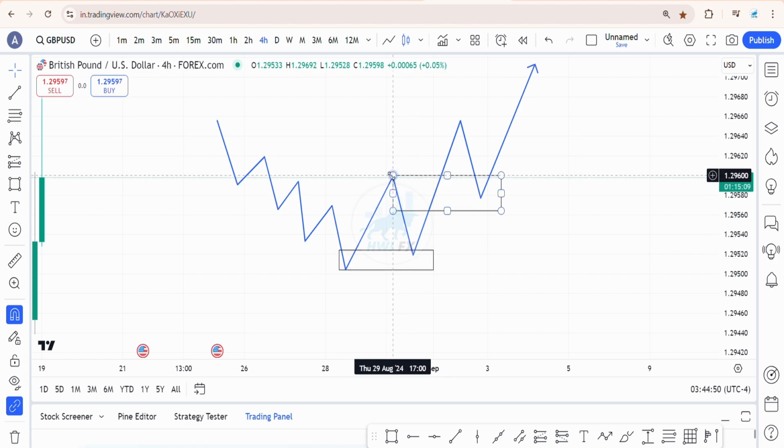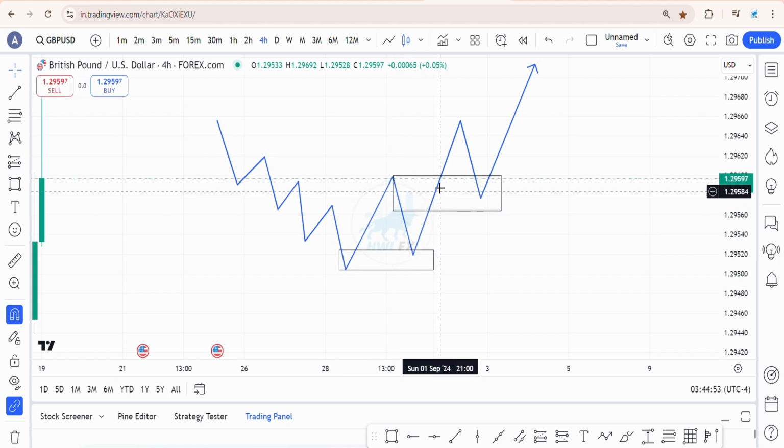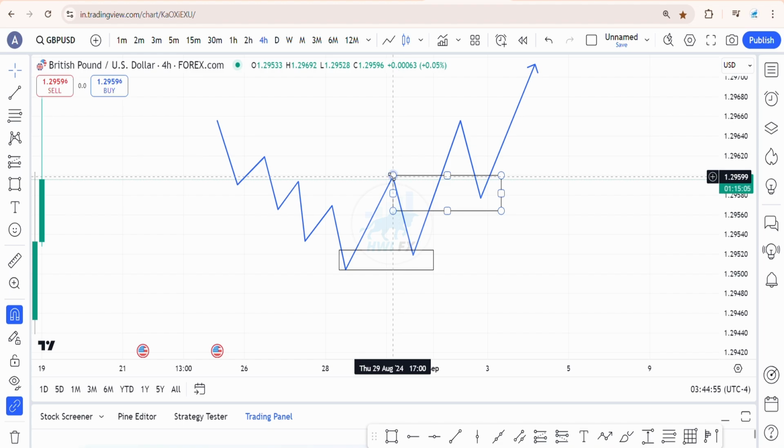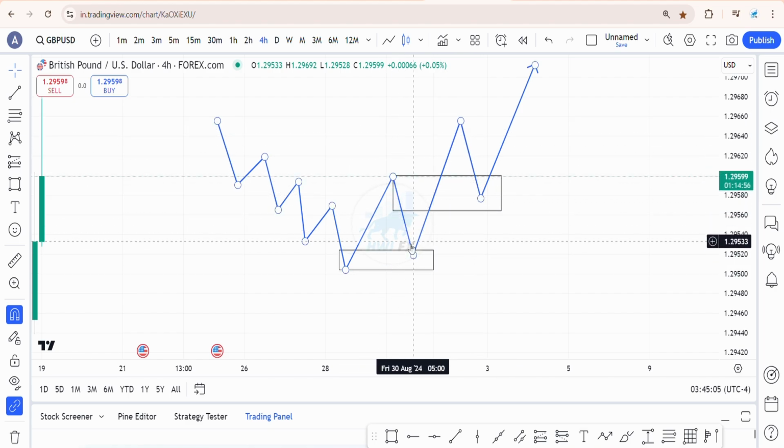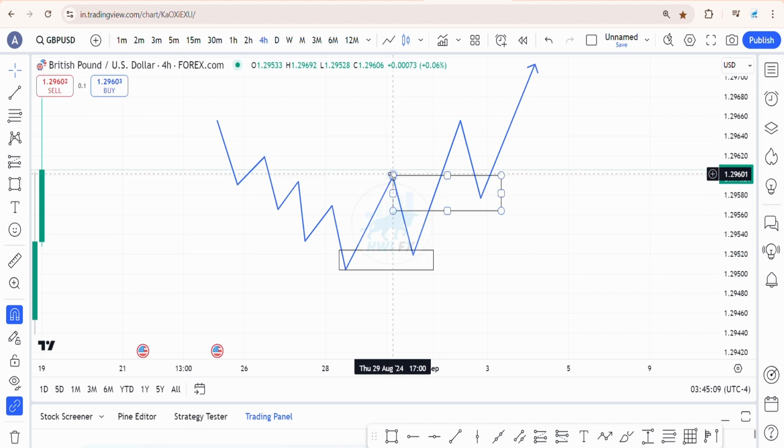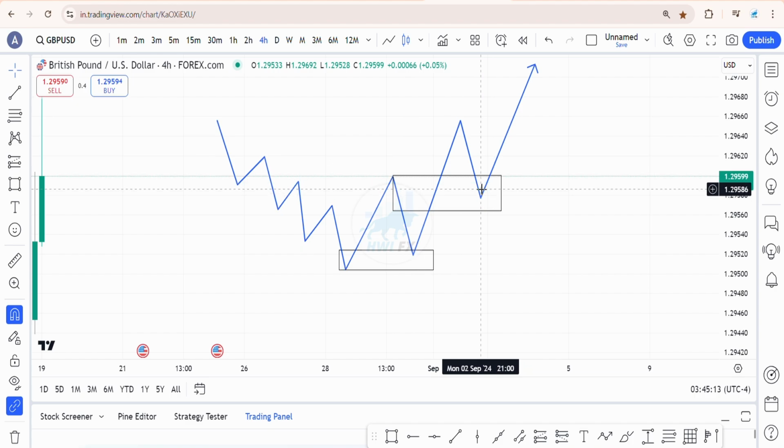It should be red candles, and then a bullish candle breaks this. That is a change in the state of delivery, or break of structure, and then price goes up and comes back here, and this series of candles or one single candle is called the propulsion block for a bullish market.